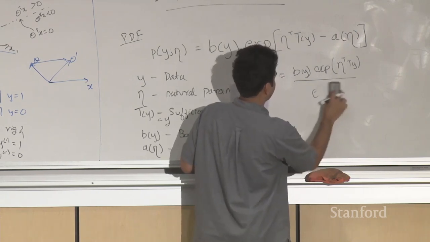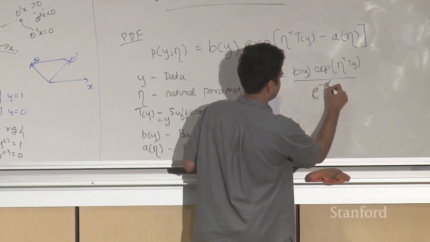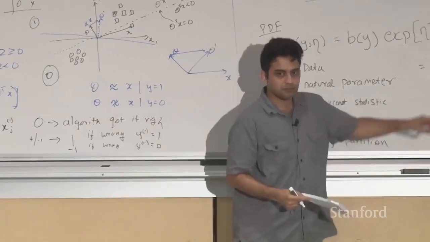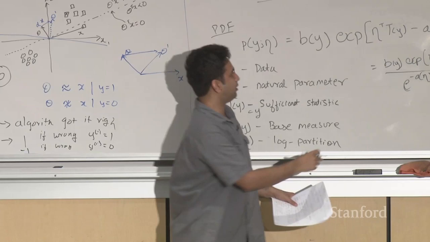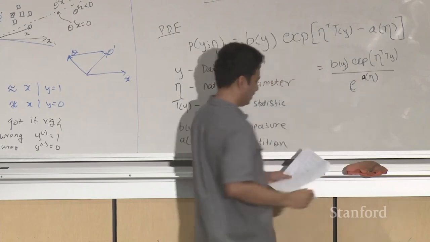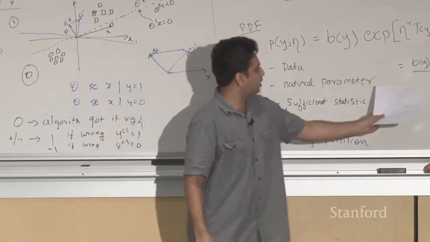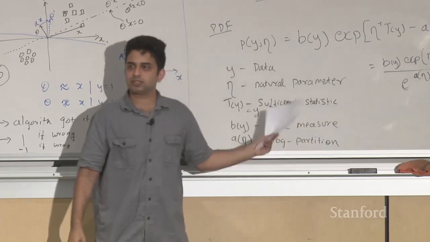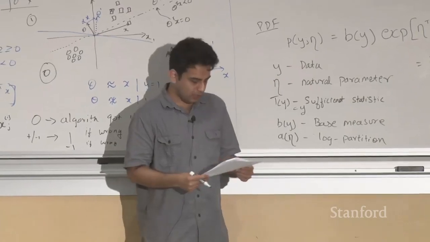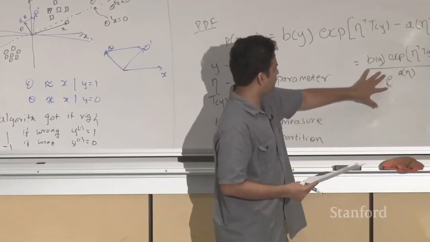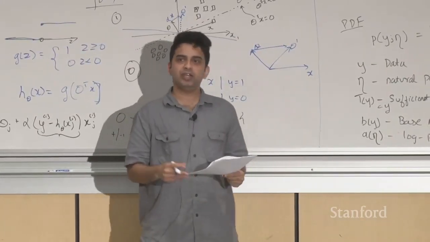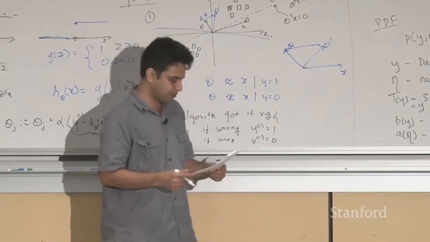You can think of this as a normalizing constant of the distribution, such that the whole thing integrates to 1, and therefore the log of this will be A of eta. That's why it's called the log of the partition function. The partition function is a technical term to indicate the normalizing constant of probability distributions.